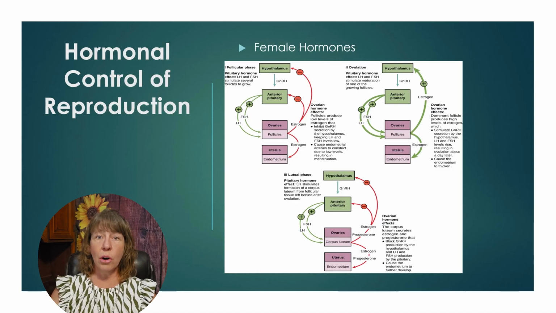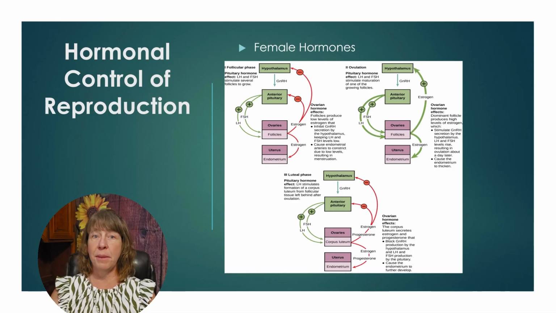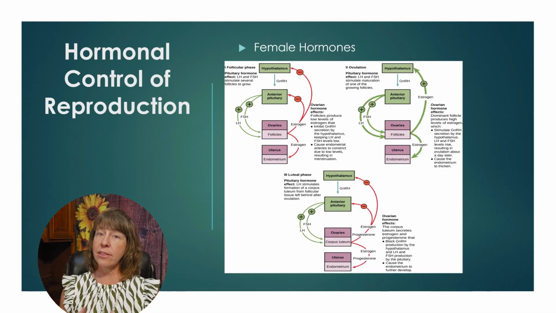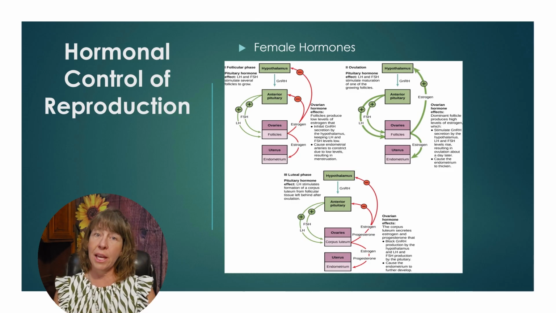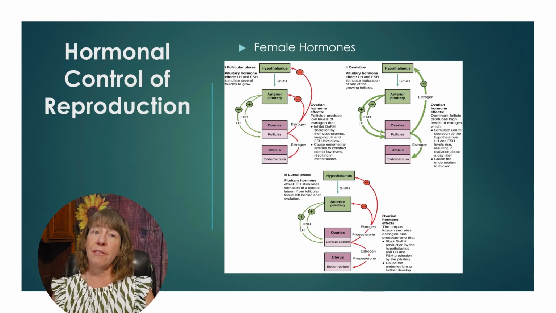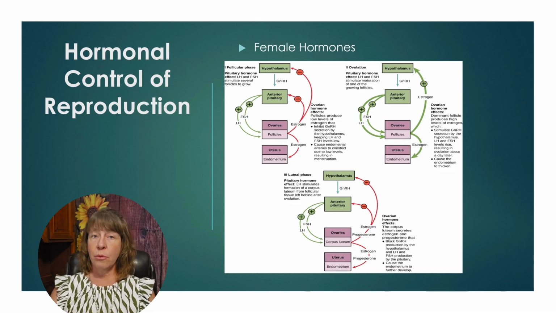This ensures the continuation of progesterone production to support the endometrium. The endometrium has to stay in place in order for the zygote to implant and maintain viability. Pregnancy tests detect that particular hormone that is released, creating that thicker endometrium. That is the hormone that's tested during a pregnancy test.